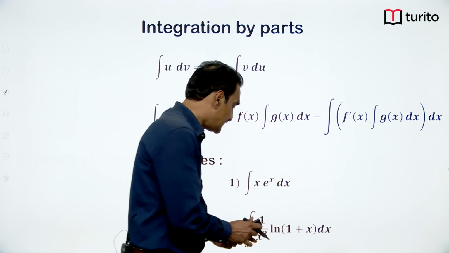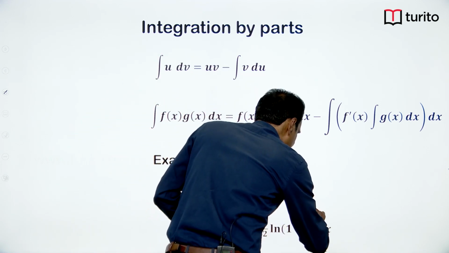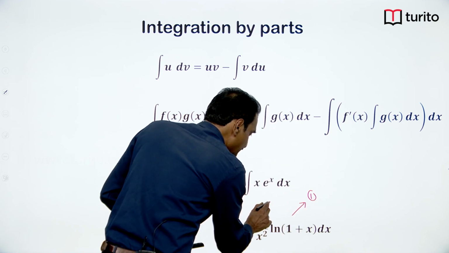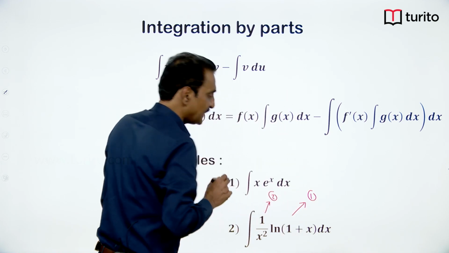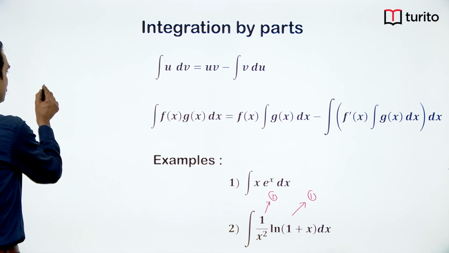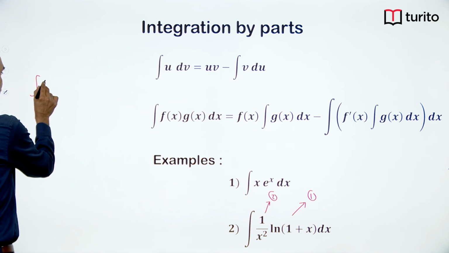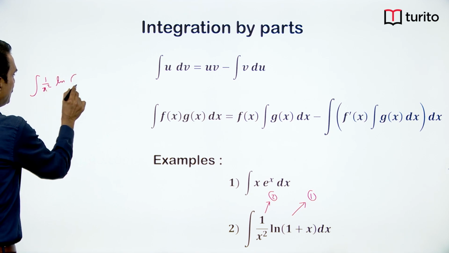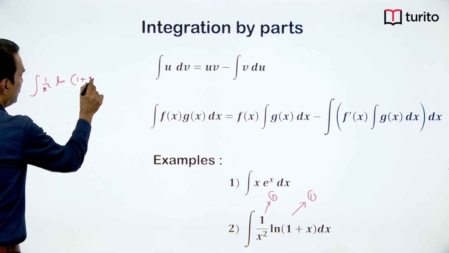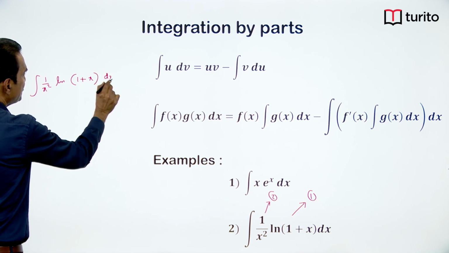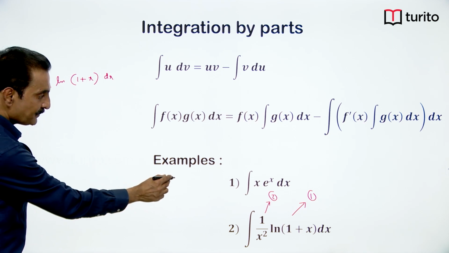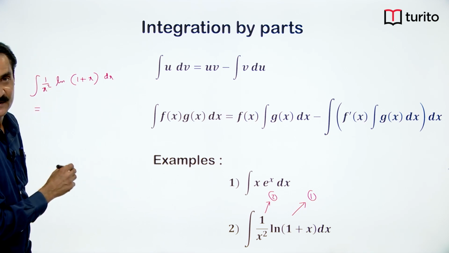So, we select ln 1 plus x as first function, 1 by x square as second function. So, now integral 1 by x square into ln 1 plus x dx is equal to first function into integral of the second.